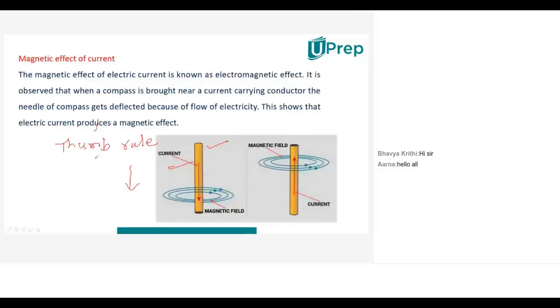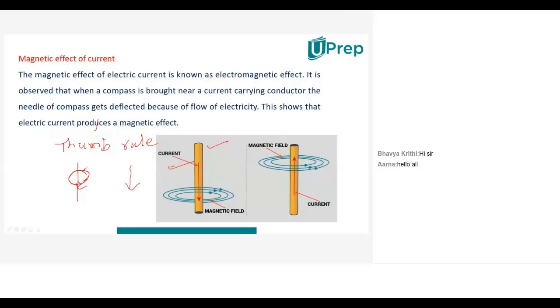Sir, I didn't understand. Can you show the previous slide? Okay. In this particular downward direction, you are closing the fingers like this. Actually I have to draw the diagram, but let me draw here. Now this is electricity passing through in this direction, and you are closing the fingers like this, so the field goes in this direction.